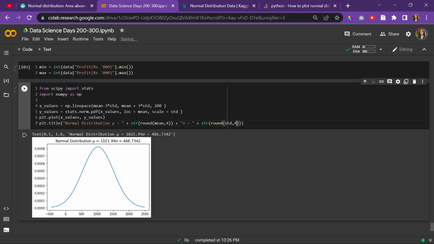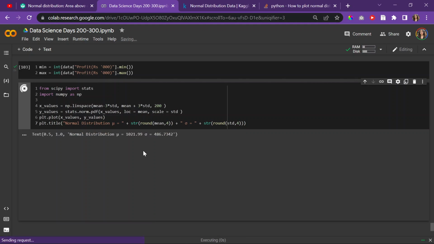Yeah, very nice. Only thing is there needs to be a space before the sigma.